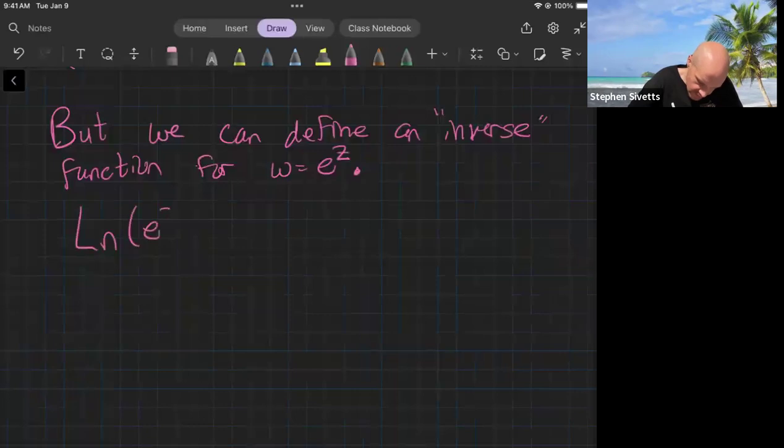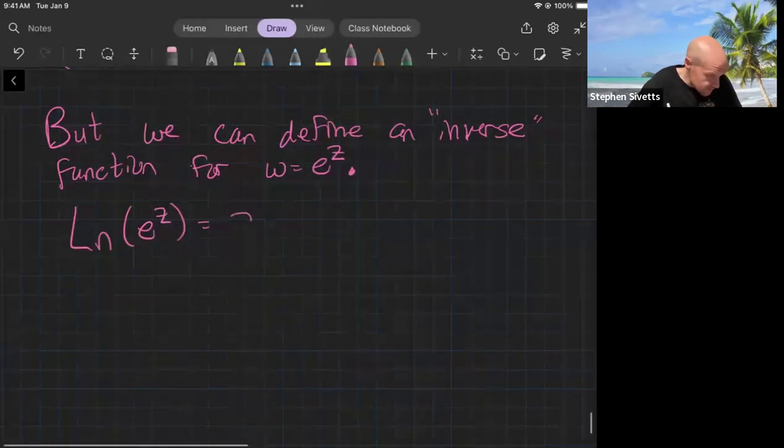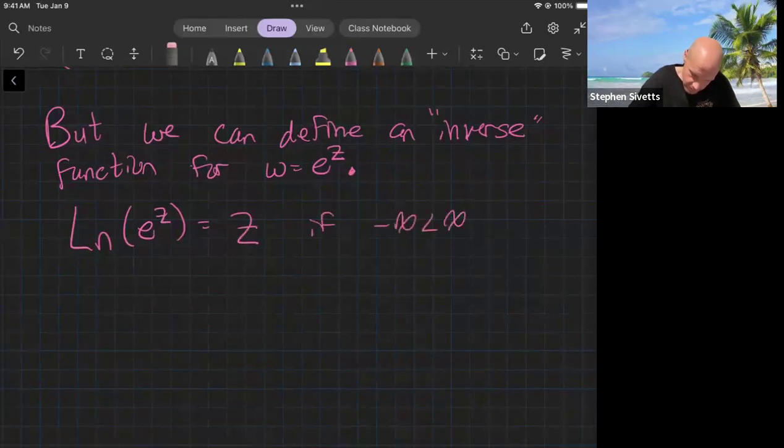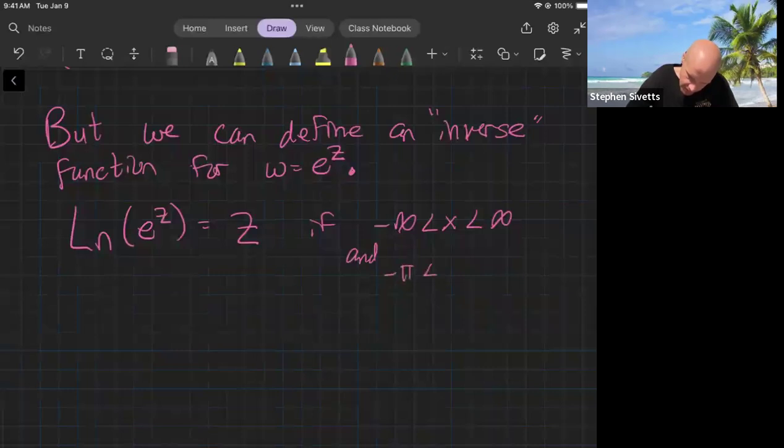Capital natural log of e to the z would equal z if x is any real number and y is in between minus pi and pi.